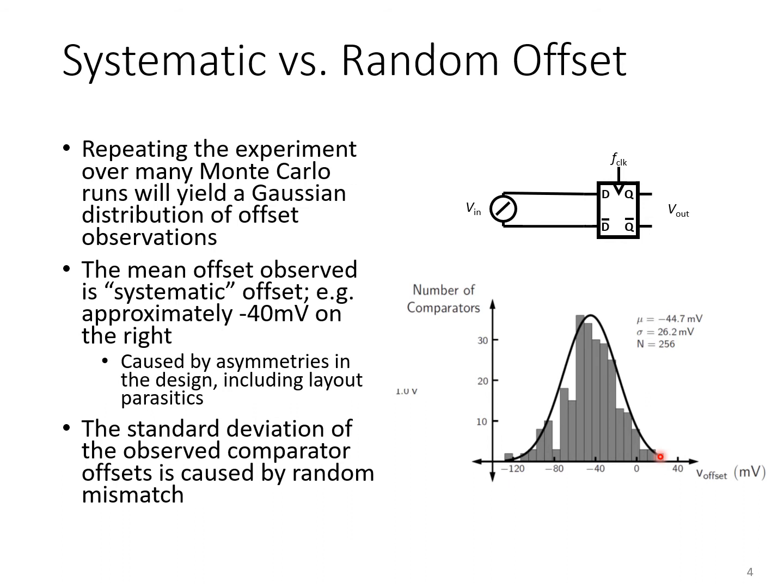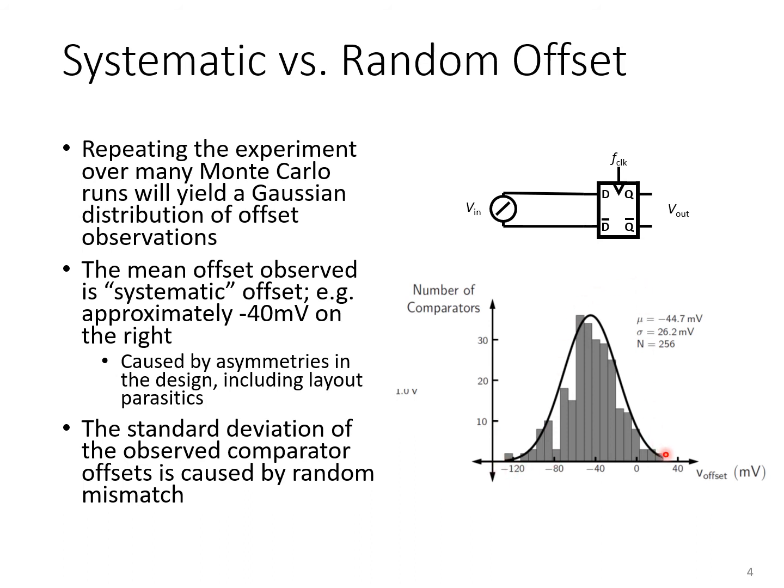In this case, many copies of the same comparator were measured, but in simulation, you would form this histogram by repeating the search for many different Monte Carlo trials. So that would be many different combinations of threshold voltage variations in the transistors and so on. And you see in this case, 30 times the offset was minus 40 millivolts, about 10 times the offset was minus 80 millivolts, and so on.